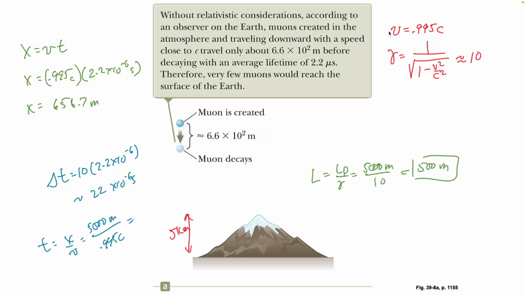Which gets me a time of 16.8 times 10 to the minus 6 seconds. So, if according to us, the mu meson is in existence for 22 times 10 to the minus 6 seconds, but it only needs 16.8 times 10 to the minus 6 seconds to go that distance, is it going to make it? Yes.